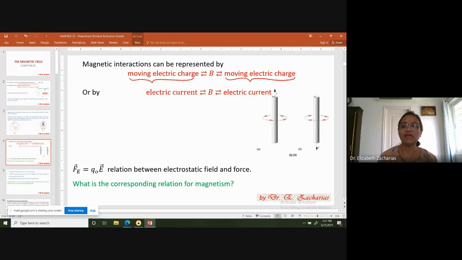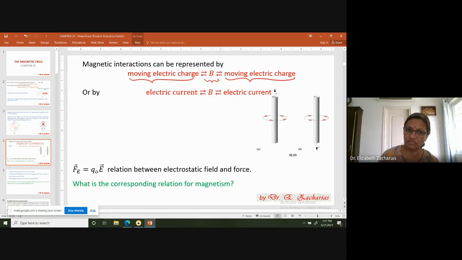So two moving electric charges can interact with each other via the magnetic field that each of them sets up at the location of the other. Okay, whereas in electrostatics, you had static charges interacting with each other via the electric field. Here, moving electric charges can interact with each other via the magnetic field.